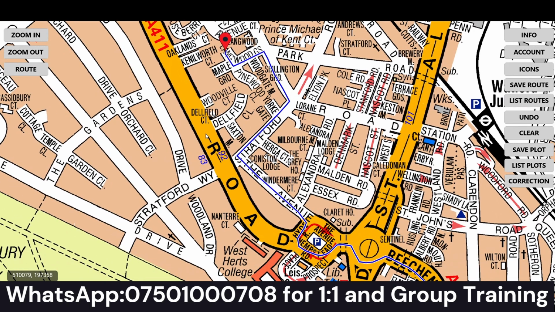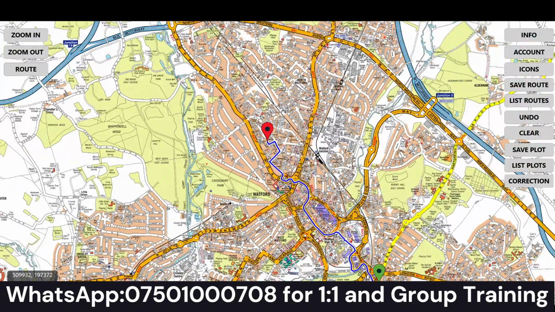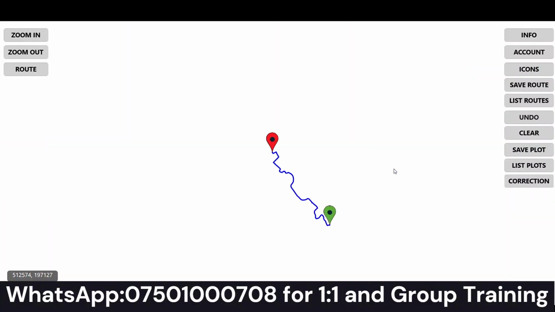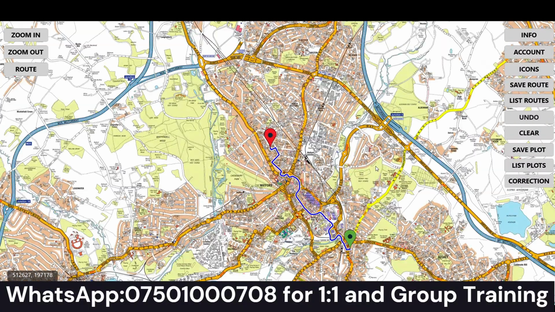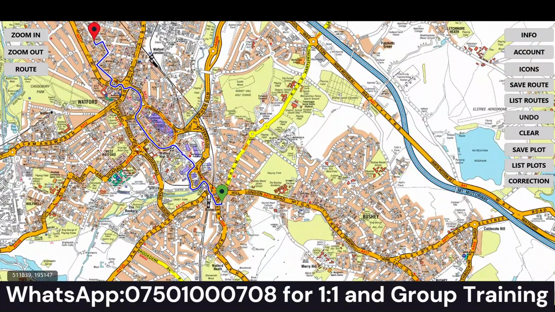If we zoom out, we can show you how it looks. So it seems like the most direct and simple route that we have created here.